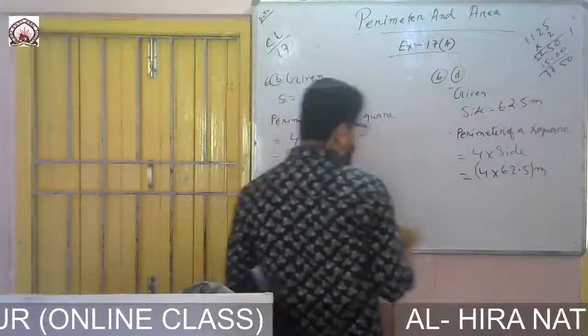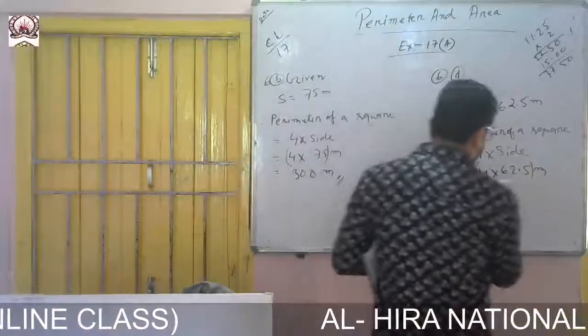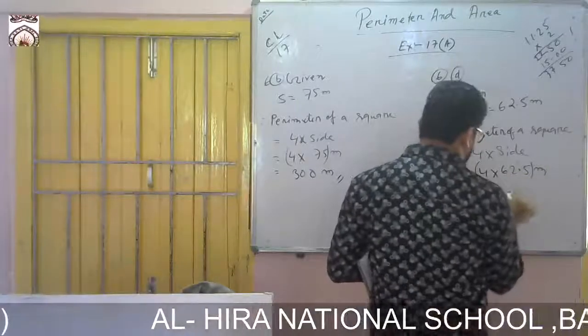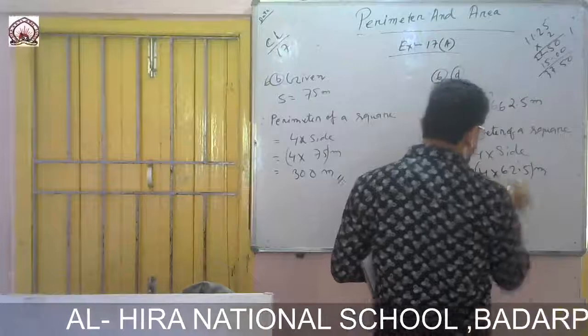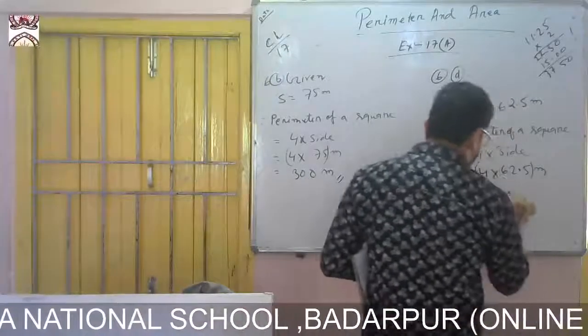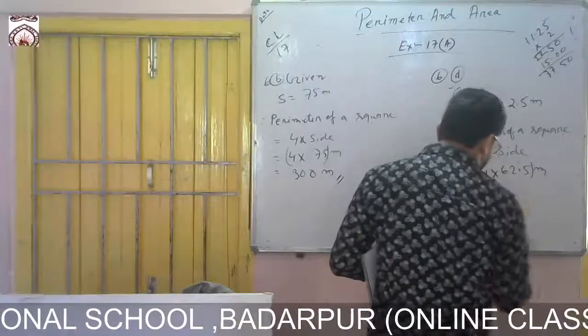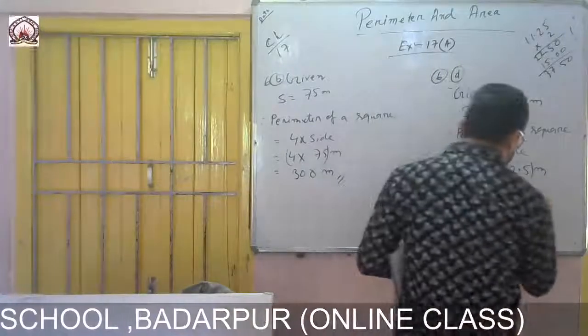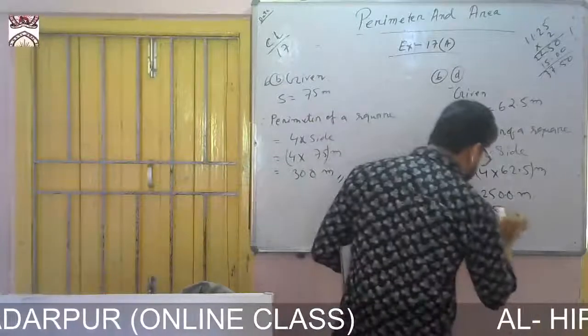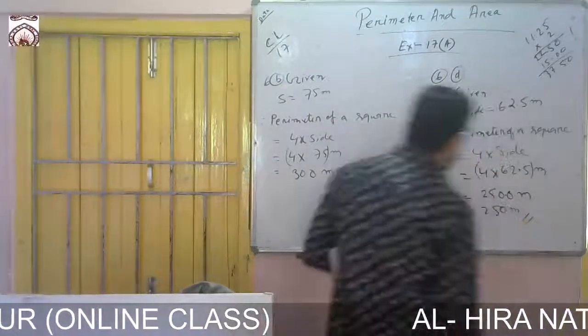So it will be 4 5 are 20. Then 4 2 are 8 and 2 is 10. 6 4 are 24 and 2 is 26, sorry, 25. So the point will be here. So 250.0 meter. That means 250 meter.